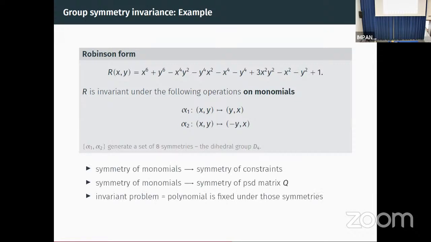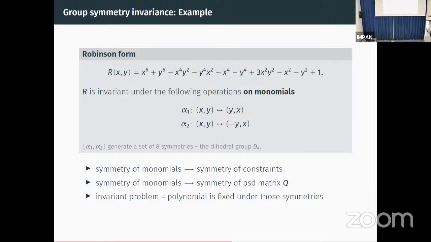And what I said before, symmetry of monomials like this gives you a symmetry of constraints, because every constraint will be defined by a monomial, and symmetry of monomials gives you the symmetry of the PSD matrix here. An invariant problem here means that the polynomial is just fixed under the action.